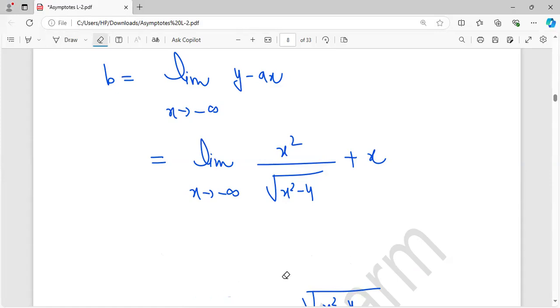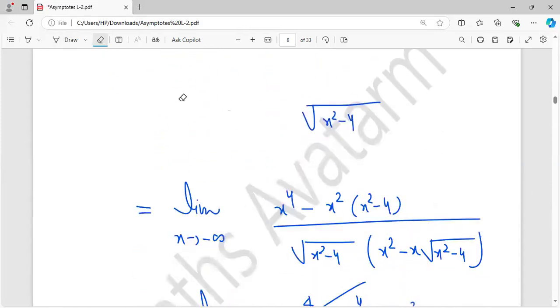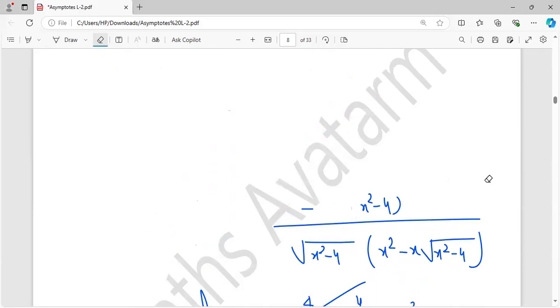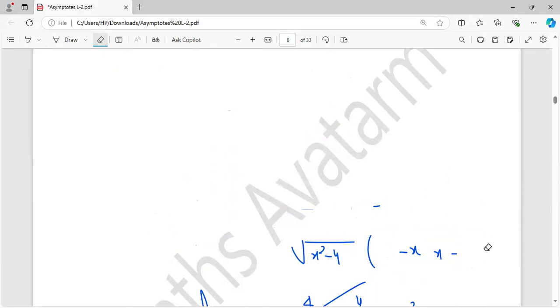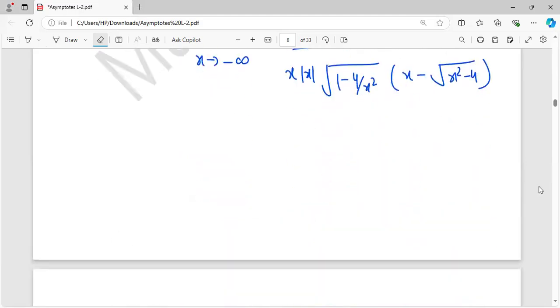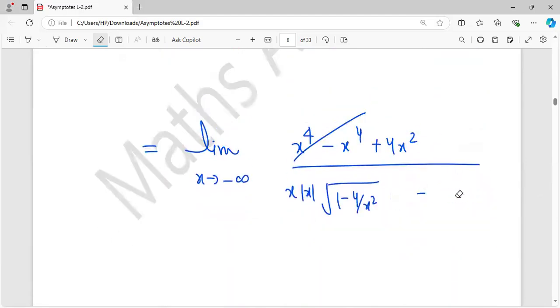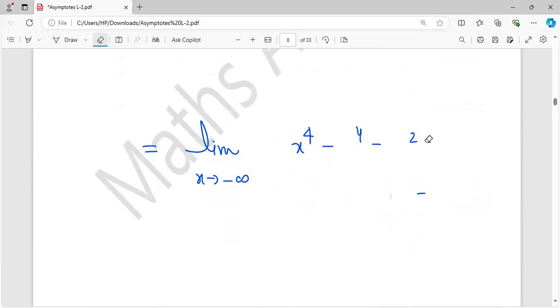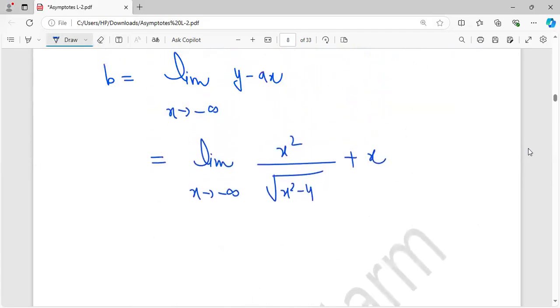This limit does not exist actually. You see that this limit does not exist.